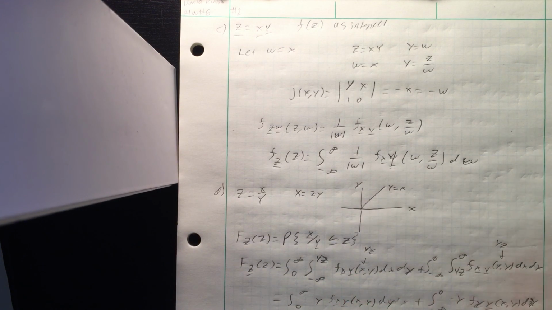And that is just the absolute value of y multiplied by f of xy of yz and y, dy.